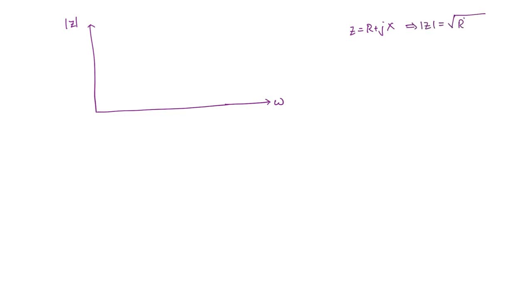One more interesting point that you can see is the plot of the impedance, the magnitude of impedance versus the frequency omega. Okay. So we know that at resonance Z we can write as R plus jX, meaning that the magnitude is equal to root over R squared plus X squared.